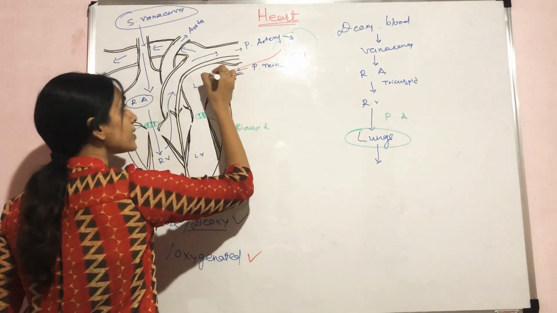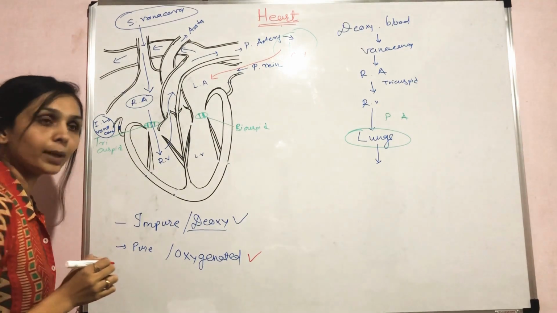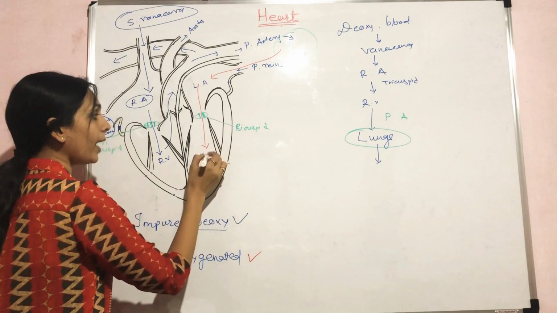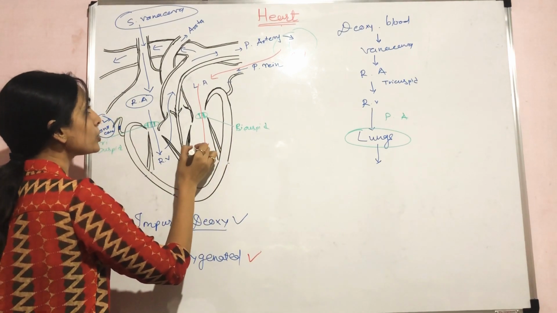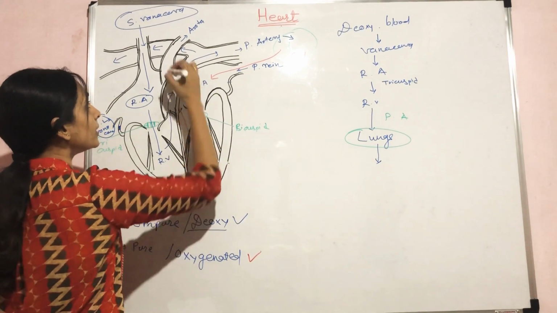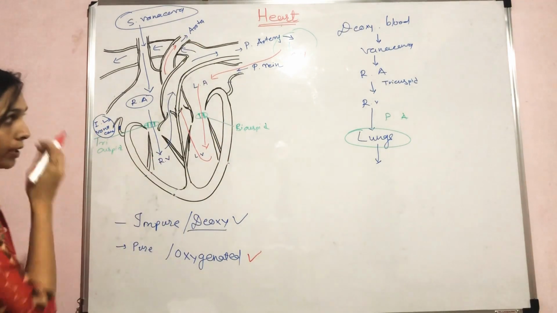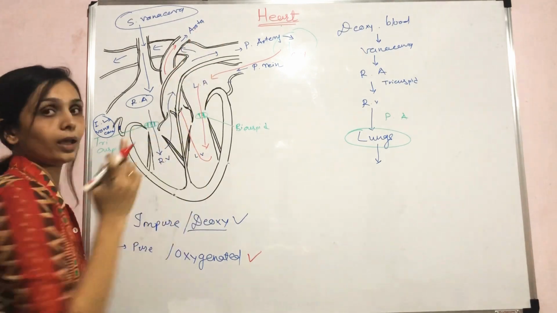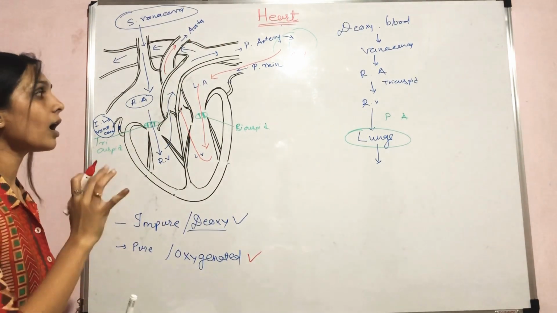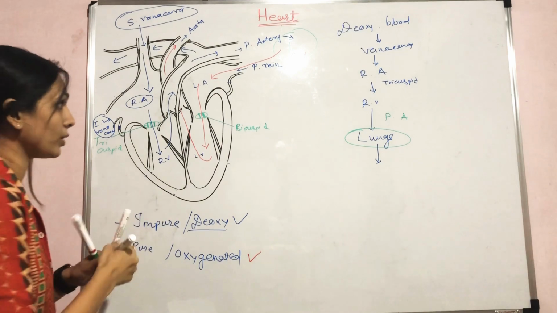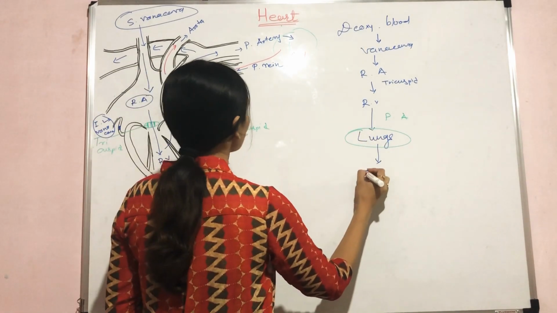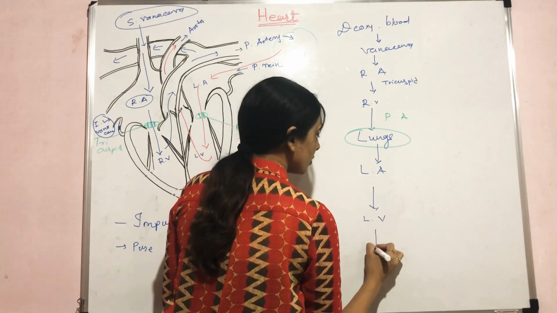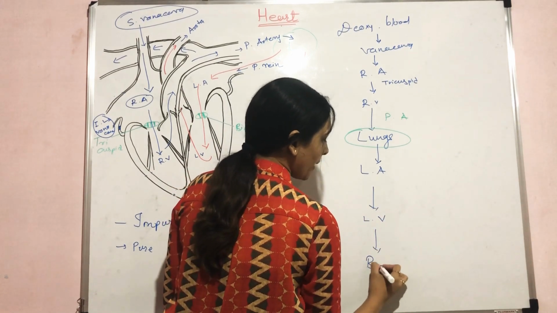The oxygenated blood then comes into the left atrium, then to the left ventricle through the bicuspid valve, and then from the left ventricle through the aorta to different parts of our body. This is how the blood will circulate. We will write this: lungs to left atrium to left ventricle to body parts.